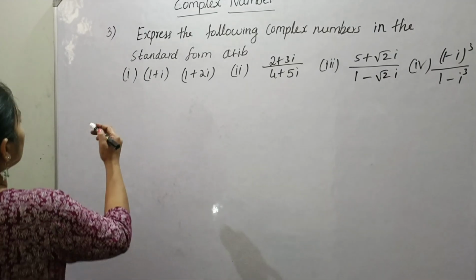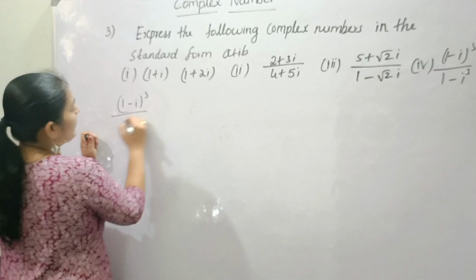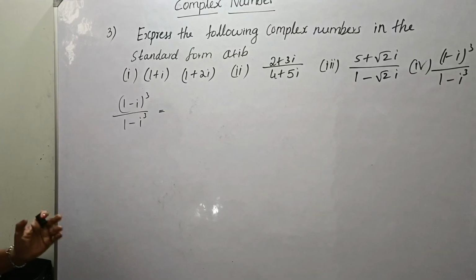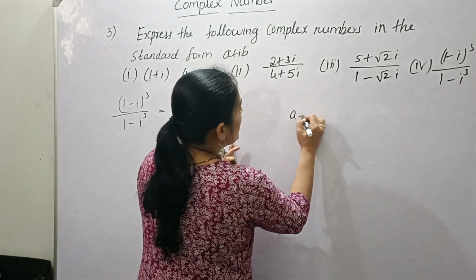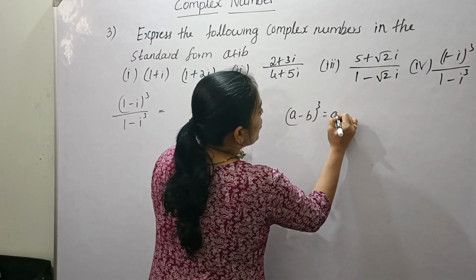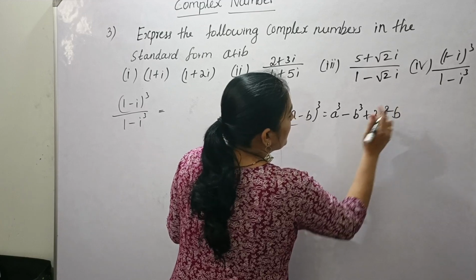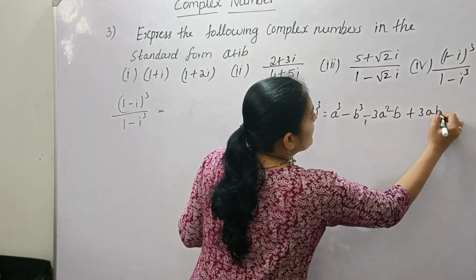Next question. (1 − i) whole cube divided by (1 − i³). First of all, let us expand the numerator, that is in the form of (a − b) whole cube. (a − b) whole cube is equal to a cube minus b cube minus 3a square b plus 3ab square.